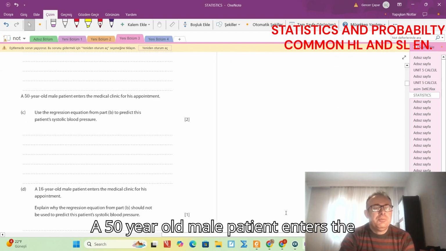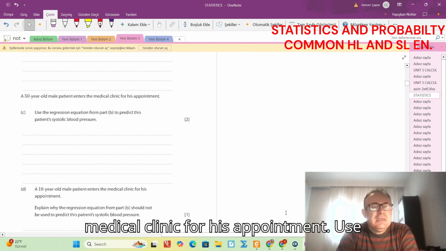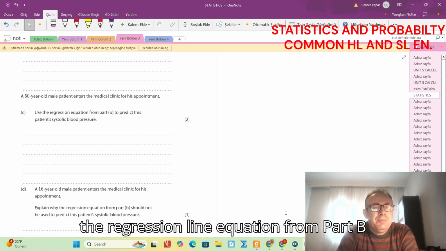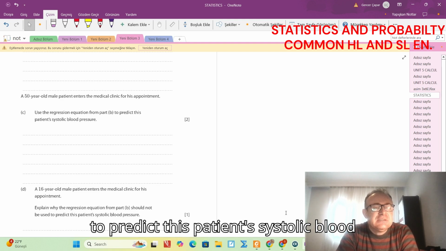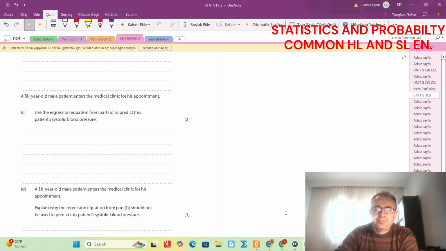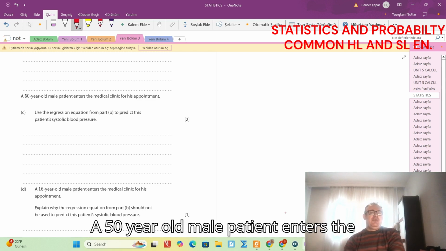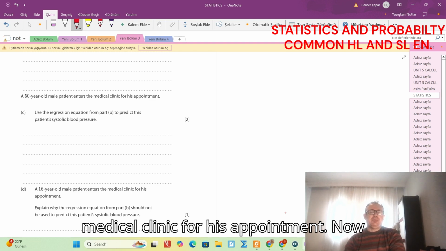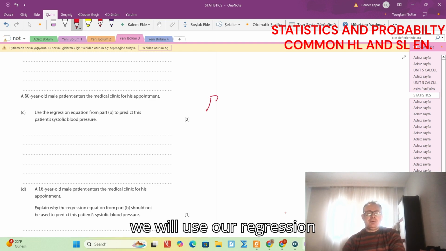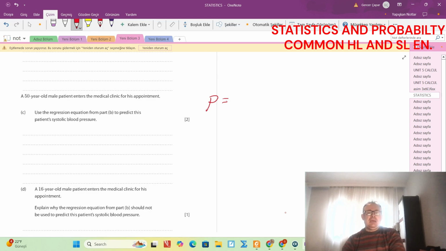A 50-year-old male patient enters the medical clinic for his appointment. Use the regression line equation from part B to predict this patient's systolic blood pressure. Now we will use our regression equation.